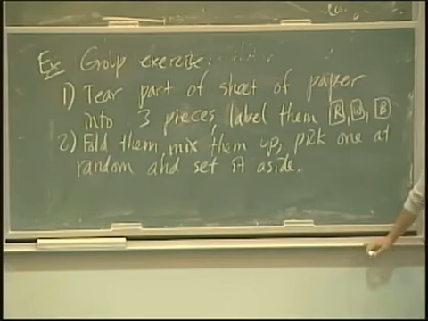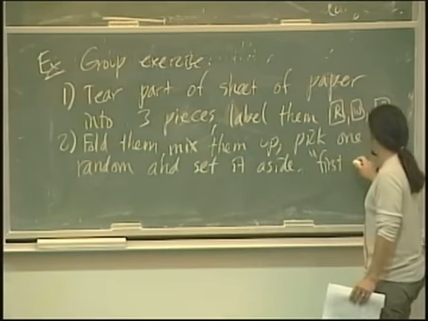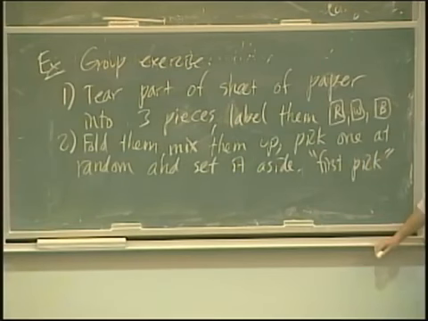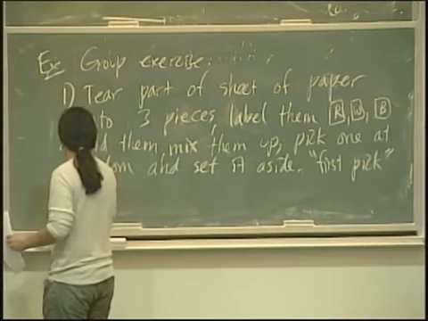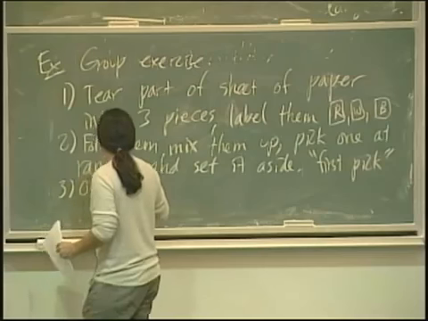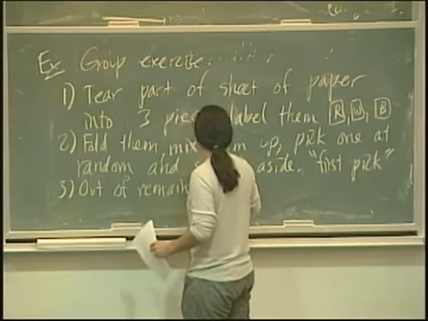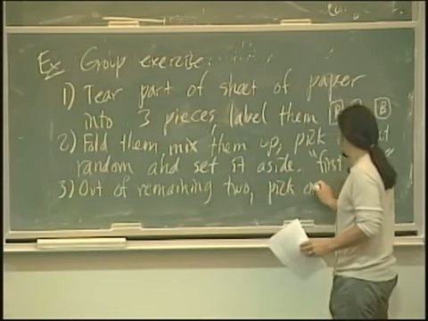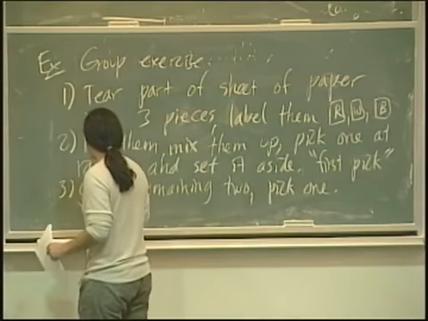You can look if you want, but it really should be random, so it won't really work if you don't do it randomly. I'll call that your first pick. And then out of the remaining 2, pick one. Again, you can look at it if you want, I don't care. This is your second pick.